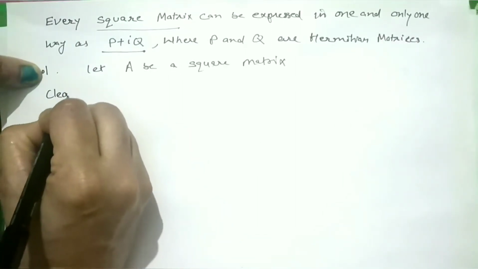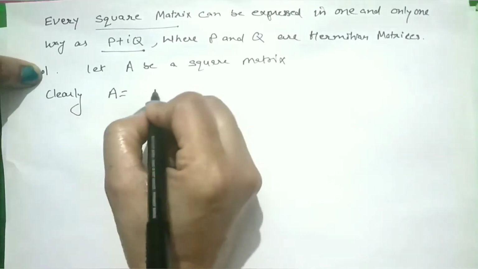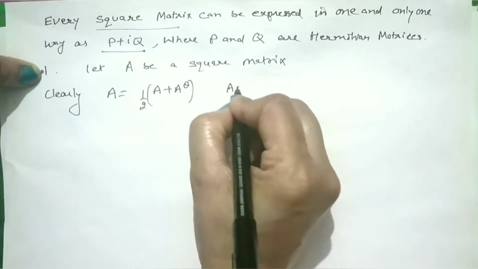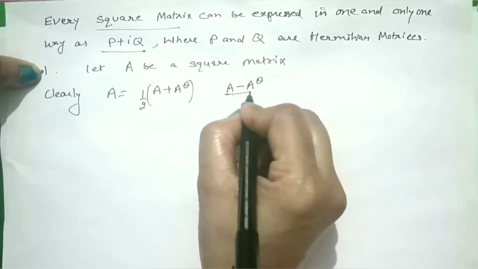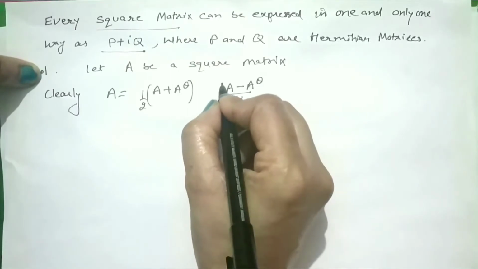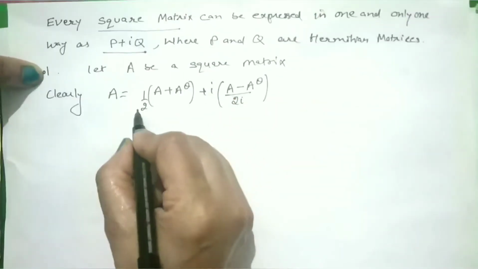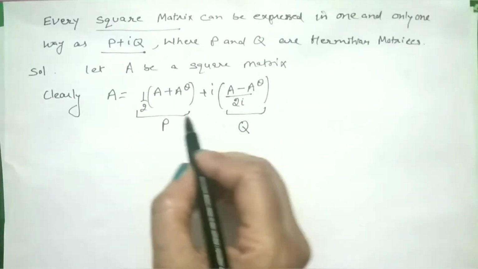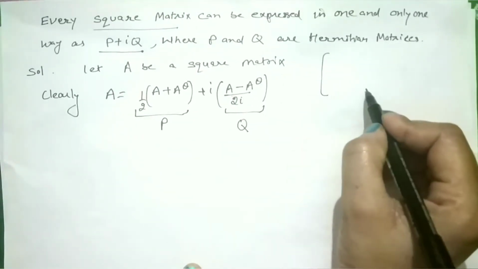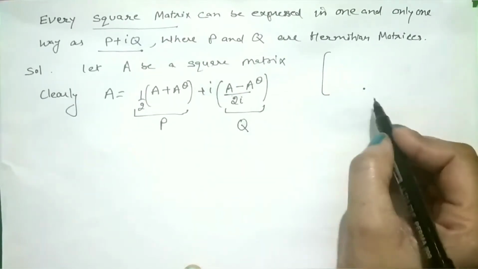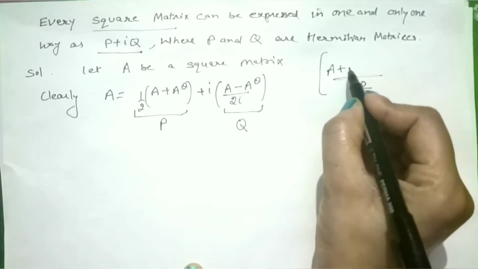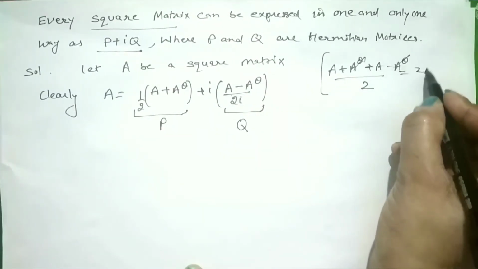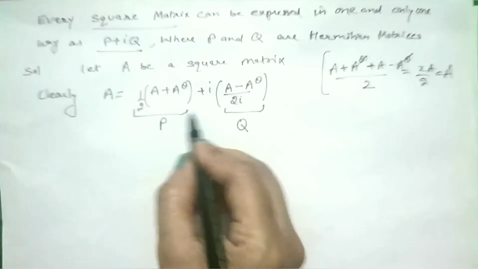So here again we are using the same concept that if we add A and A theta and divide it by 2, and subtract A and A theta divided by 2 iota, because we are going to write here iota, so that this becomes our P and this becomes our Q. If you add these two, you can check here the LCM, because iota will cancel with iota, 2 will be the LCM and the numerator will be A plus A theta plus A minus A theta, because iota will cancel and the rest of the terms will be 2A upon 2, that means A. So A can be written like this.